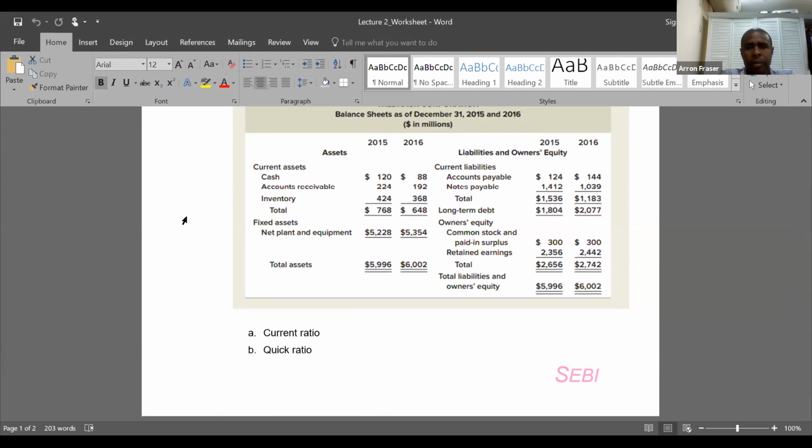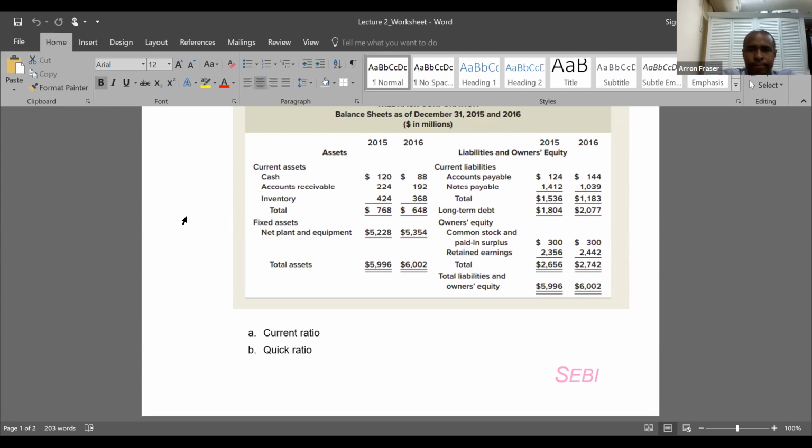The quick ratio. So just to recap, the formula for the quick ratio is current assets minus inventory divided by current liabilities. In this case, it's total current assets of 648 minus inventory of 368 divided by total current liabilities of 1,183.